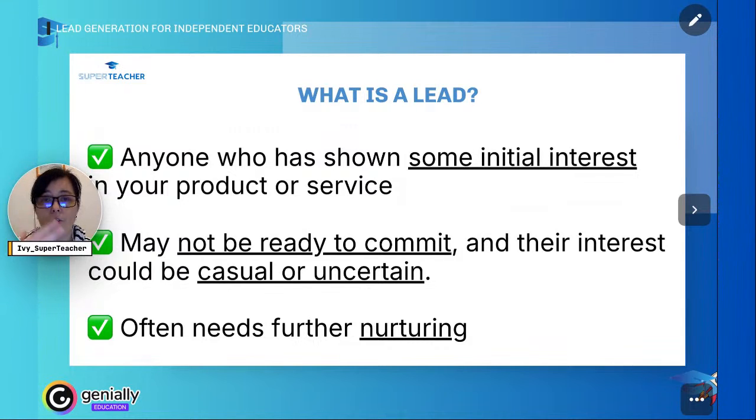So it means you did draw their attention to yourself, but they are still not what we call a qualified lead, right? So they did show some initial interest. Maybe they subscribed to your newsletter or they clicked like on your post. So that would be somebody who is a potential lead.